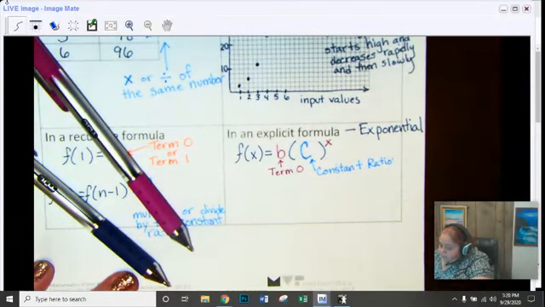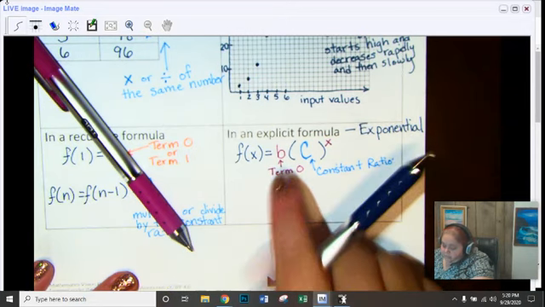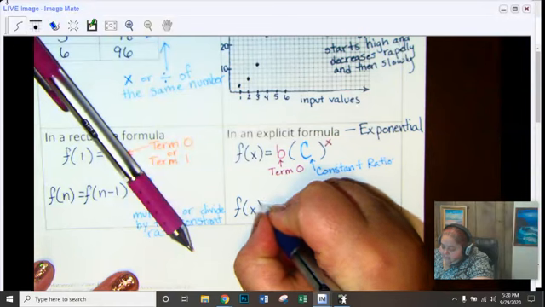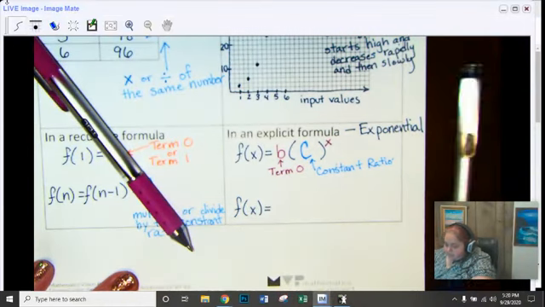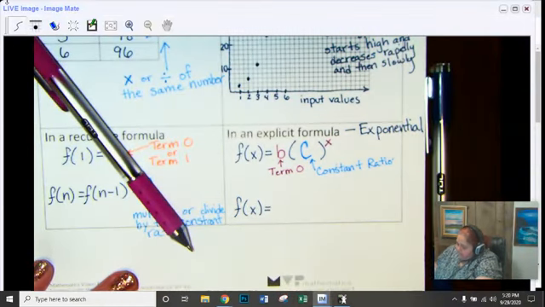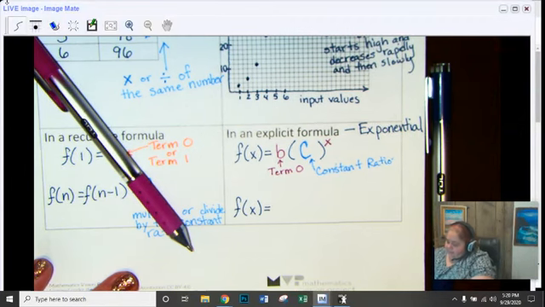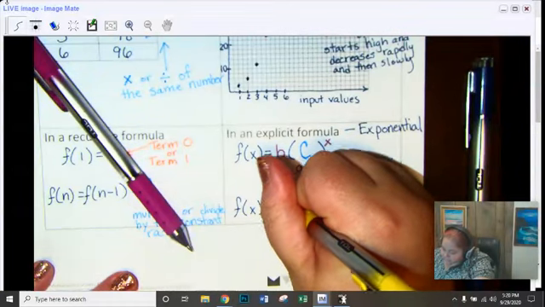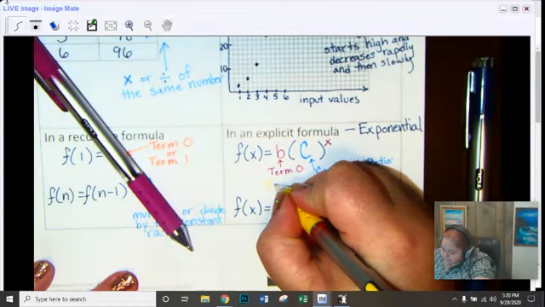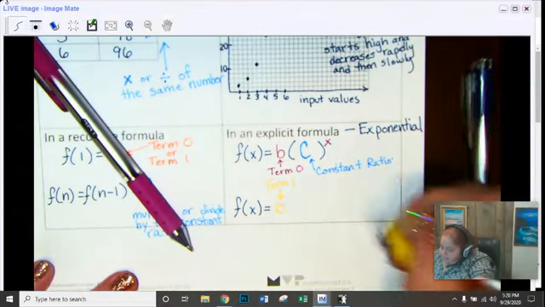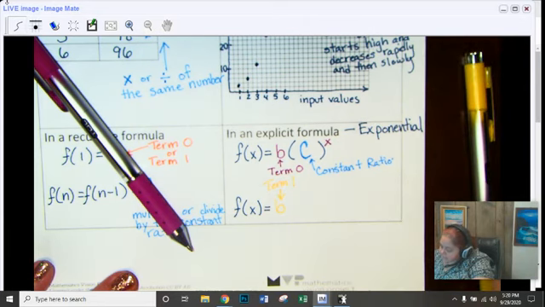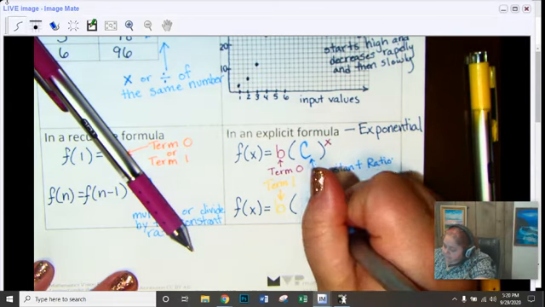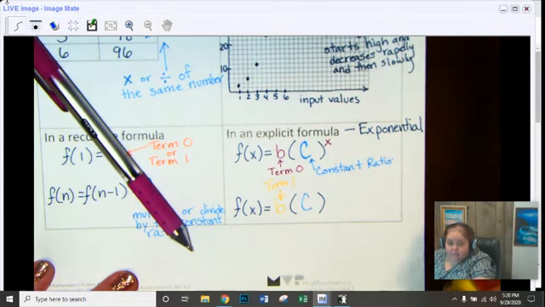Now, if you don't start with term 0 and you start with term 1 instead, so if this is term 1, then when you write your exponent, you have to subtract 1 from it.